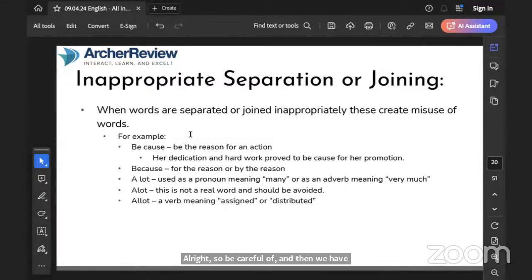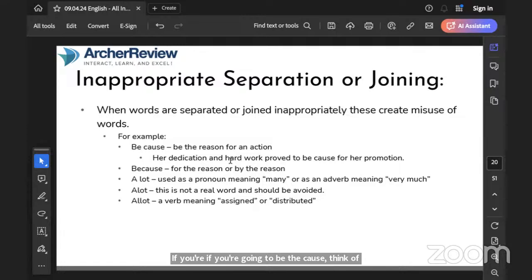So, for example, if you accidentally separate words or if you accidentally join the words together, that can create misuse of the words. So, for example, if I say be cause, look at how I have a space right there between the two. That means to be the reason for an action. If you're going to be the cause, think of it as having the word the in between it.